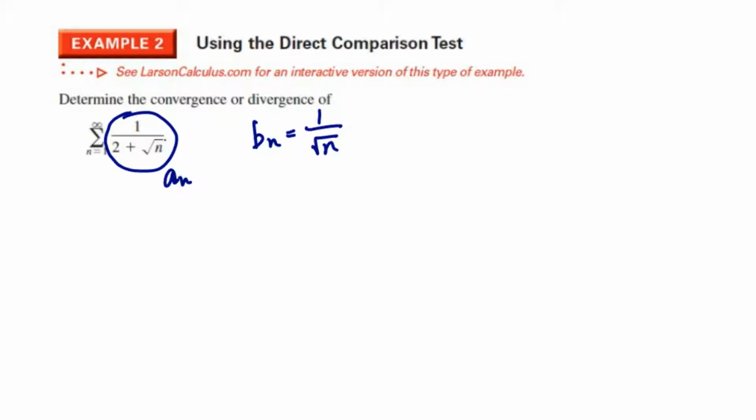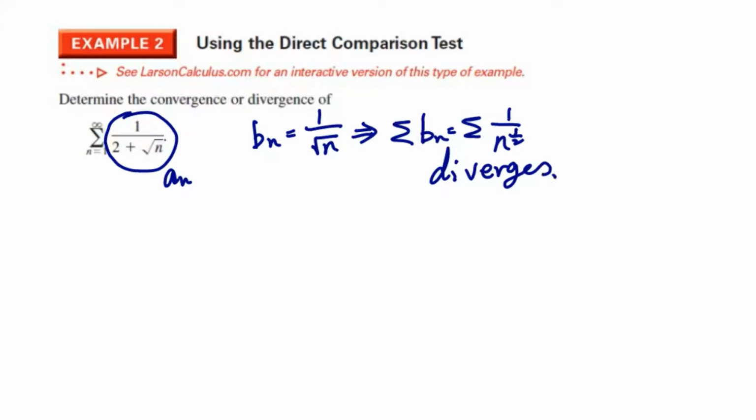The sum of b_n, the sum of 1 over n to the 1 over 2 power, diverges because of the p-series, and the p-series says that when p is between 0 and 1, it diverges.